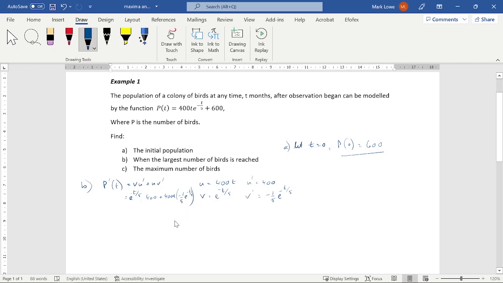And of course the plus 600 will differentiate to 0, so we don't need to worry about that. We could take out a common factor of 400 e to the negative t over 5, leaving us with 1 minus 1 over 5 t. So that's our derivative.